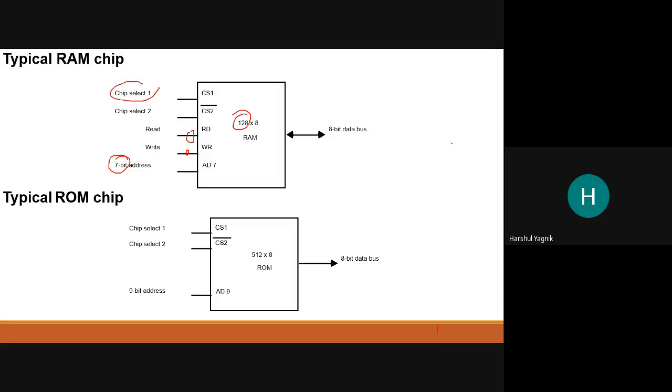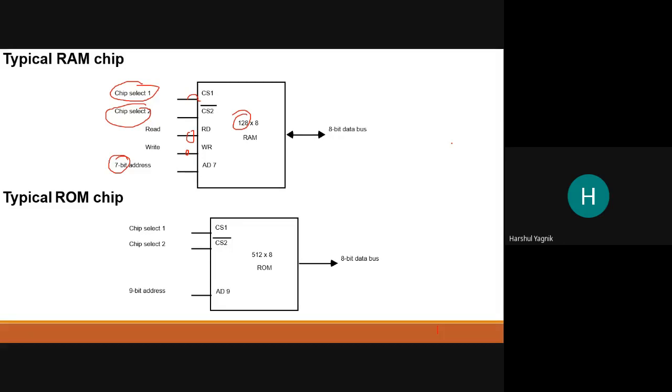Then there is a chip select 1, chip select 2. These are an enable kind of signal. When these signals are given, then and only then would the RAM perform its normal operation. But chip select 1 and chip select 2 are different. There is a bar sign shown in chip select 2.